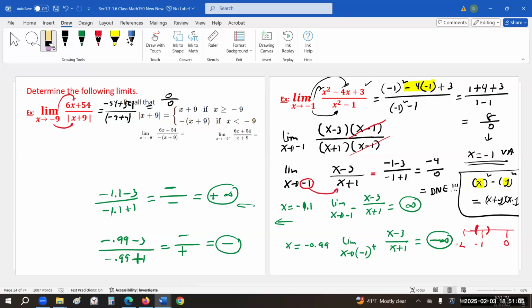Plus means plus infinity, and minus means minus infinity. So the left side limit is positive infinity, but the right side limit is negative infinity. That's why the limit actually doesn't exist. So we are correct. Once we resubstitute after modifying, we got undefined, and here it's truly undefined.